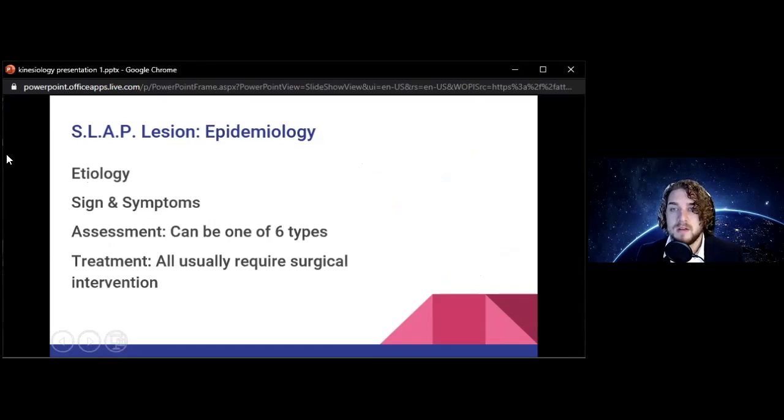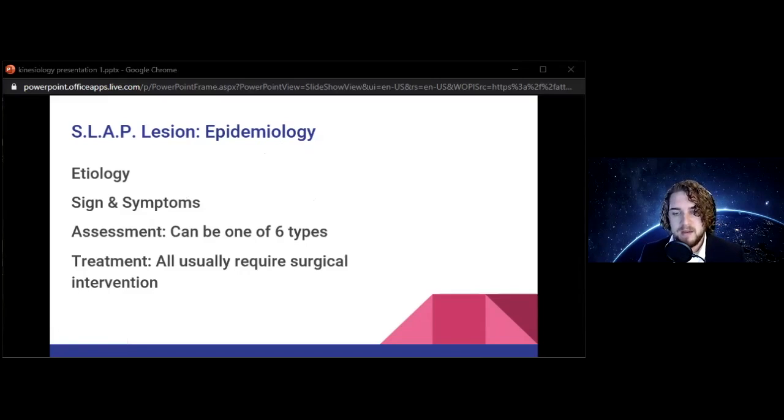So, the epidemiology of a SLAP lesion. The most common mechanism of injury, or the etiology, is usually a repetitive problem or direct trauma.